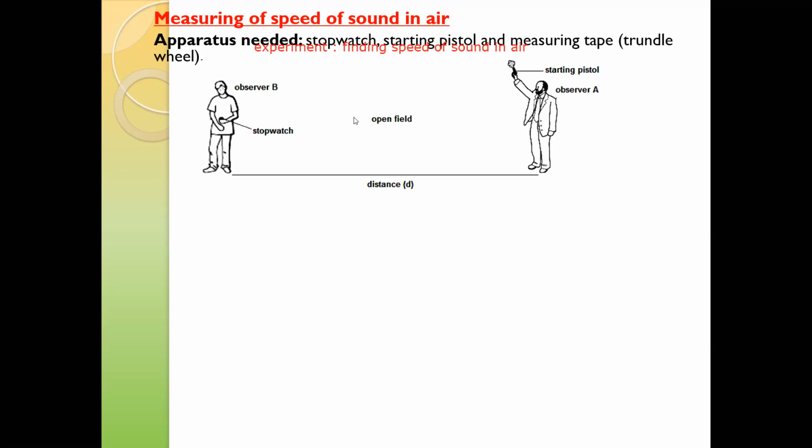For example, two persons. The person at position A has a starting pistol. When he fires the shell, two things will happen. It will produce light and it will produce sound.